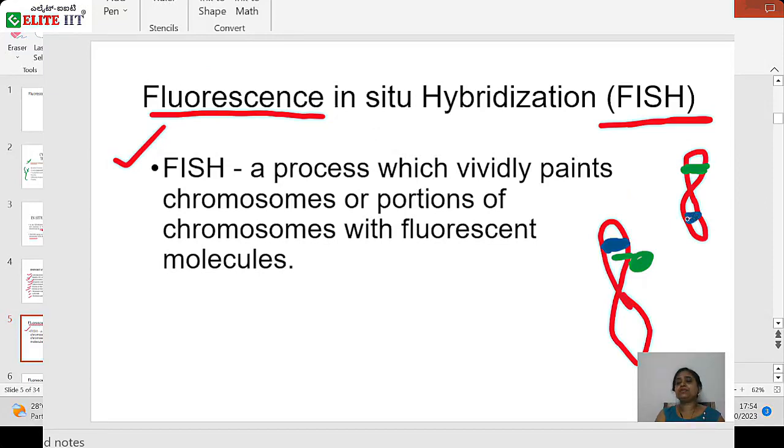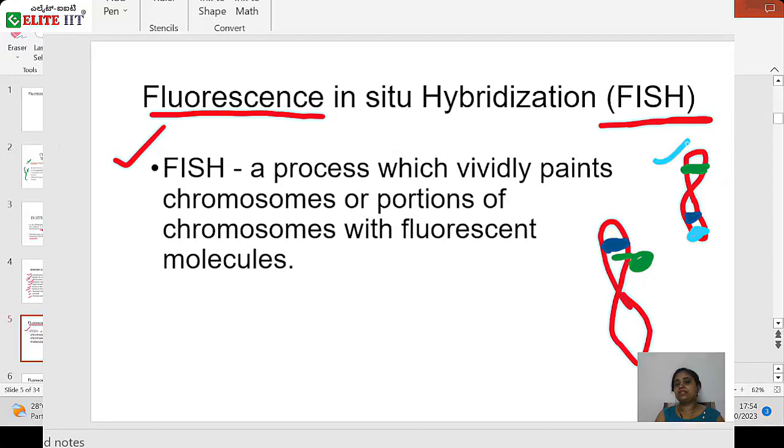If you want to identify another location, you just use a separate probe with a separate fluorescent compound, suppose blue. You prepare a separate probe sequence attached with a separate colored fluorescent compound, so that at a time you can identify a lot of locations.